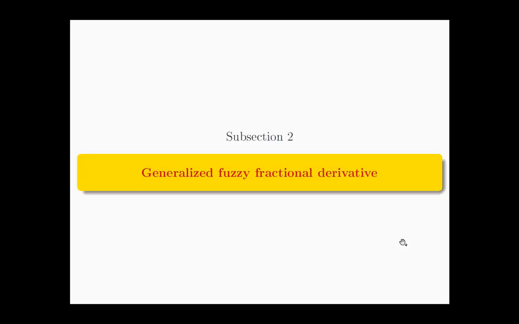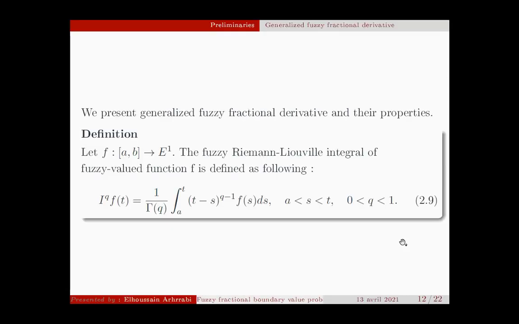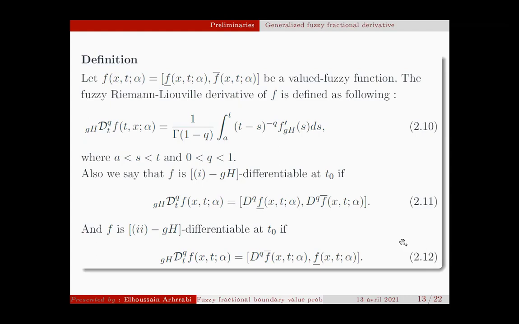Let's move to the second subsection in which we will talk about the generalized fuzzy fractional derivative and its properties. So let f be a fuzzy function, then the fuzzy Riemann-Liouville integral of f is defined as follows. By using the alpha cut of the function f, we can define the fuzzy Riemann-Liouville derivative of f.